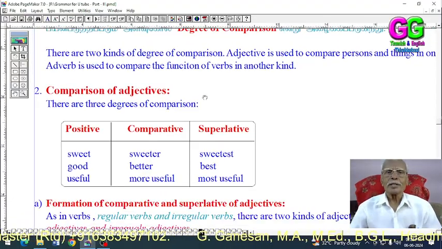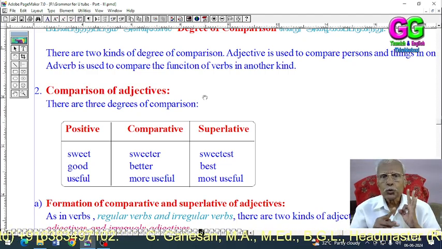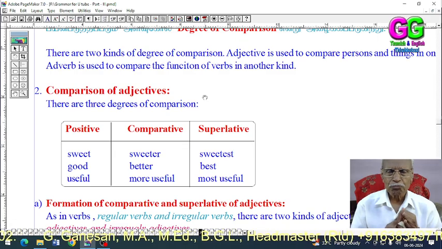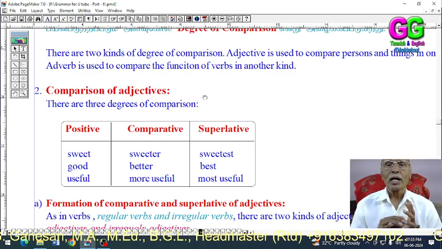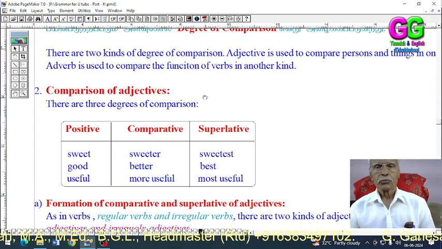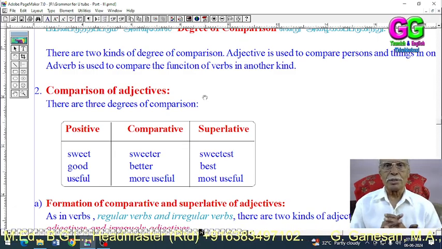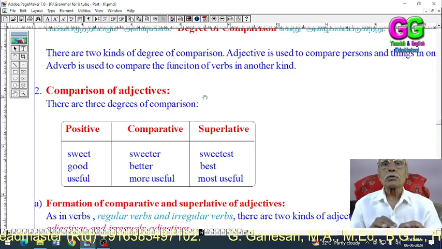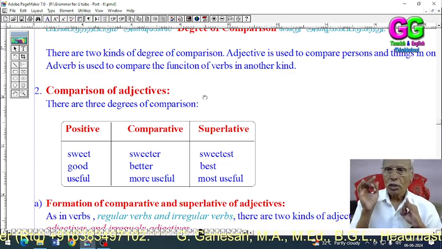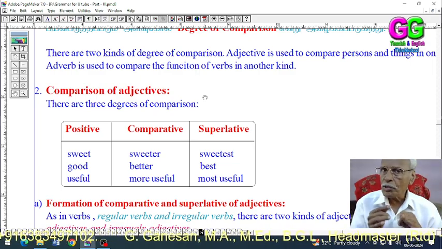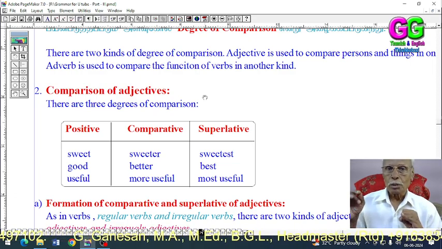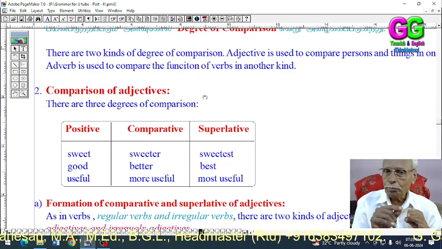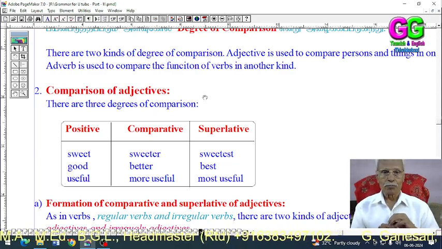My dear students, in degrees of comparison, two parts of speech, that is adjective and adverb, are both used. Adjective as well as adverb are used in degrees of comparison. Adjective is used to compare the quality of people or things.